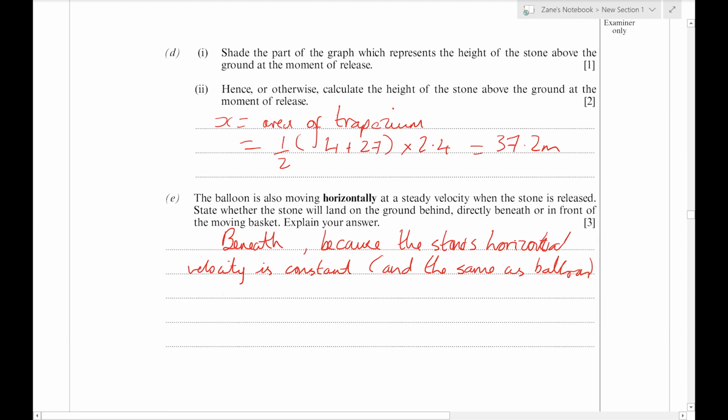The reason the horizontal velocity of the stone isn't changing is because, if we go right back to the start of the question, we were told that we could ignore air resistance throughout. So let's finish off by saying this is because there are no horizontal forces acting on the stone.